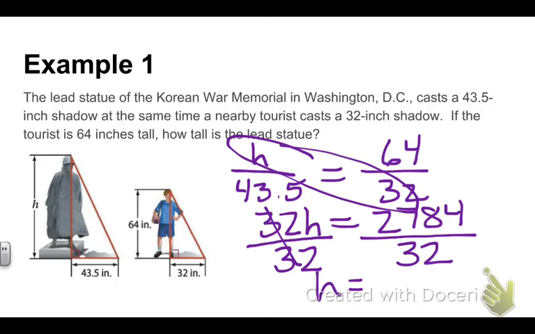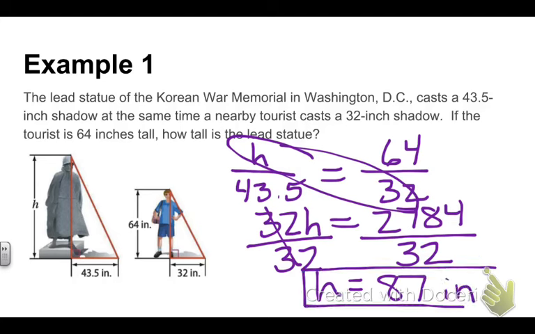That leaves us with 1H equal to 87 inches. So the height of the Korean War Memorial statue in Washington is 87 inches. That is a way to use indirect measurement, because we probably wouldn't have a yardstick or a ruler or a measuring tape on hand if we went there and looked at it.